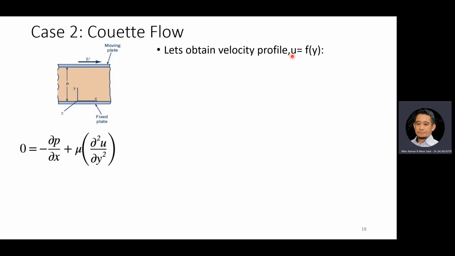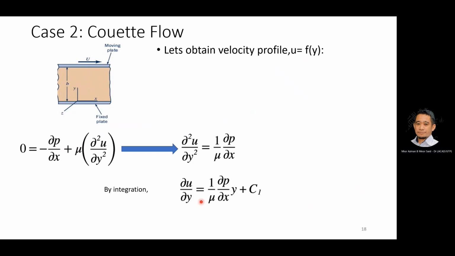And remember, we want to solve for the velocity profile u equal to f(y), right? So it means that now it becomes linear. So you can just rearrange this and solve for u. You can integrate this twice and then you can solve for u. So that is our strategy here. So now we rearrange, then we integrate that.